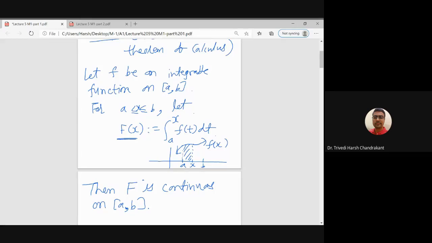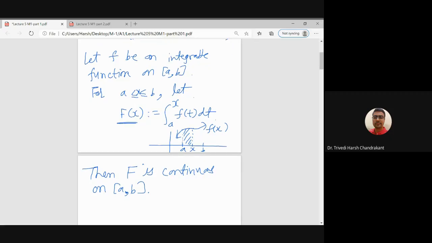But what about the differentiability of capital F? For that we need an extra condition.